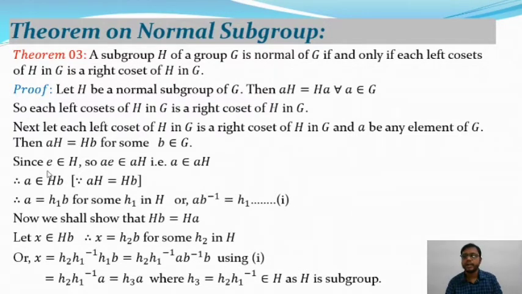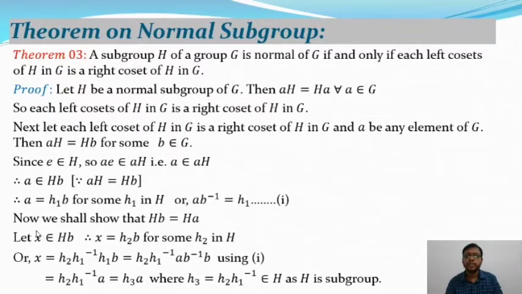So e, the identity element, belongs to H. So a into e also belongs to aH, this is the left coset of H in G. That is, a belongs to aH. So therefore, you know that aH is equal to Hb. Therefore a also belongs to Hb. So therefore a is equal to h1b, where h1 is any element and it belongs to capital H. So from this we will get ab inverse is equal to h1, and we can write it as equation number 1.